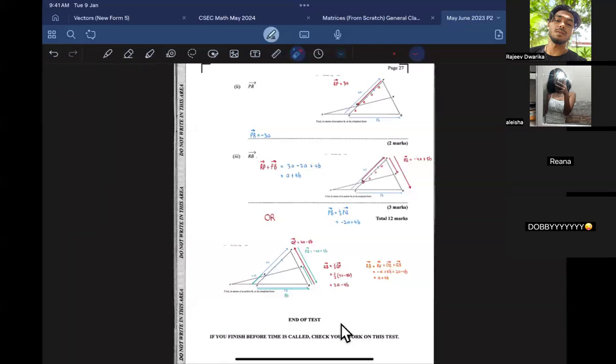Pick 2015. So June 2015 and January 2019. Oh, you picked a real easy question for the vectors. I was going to say 2018.